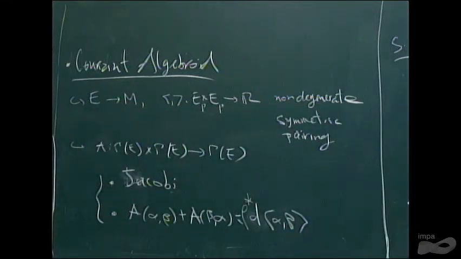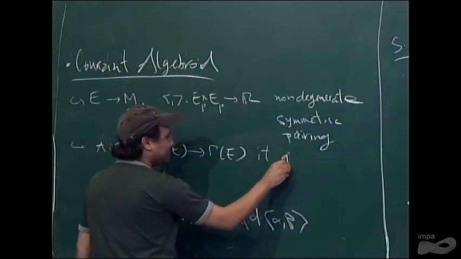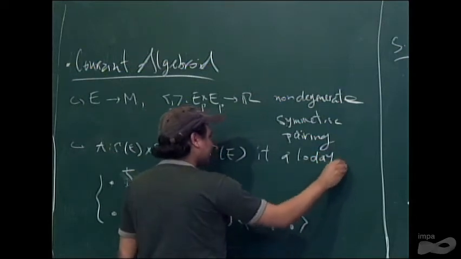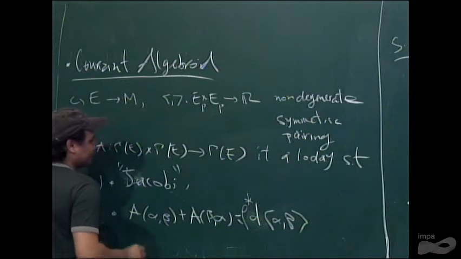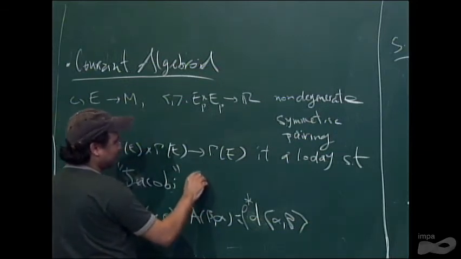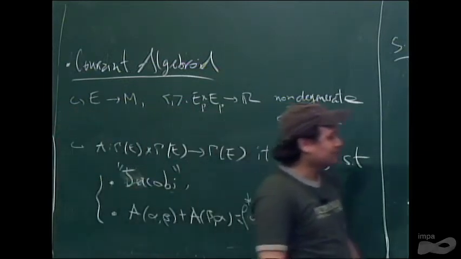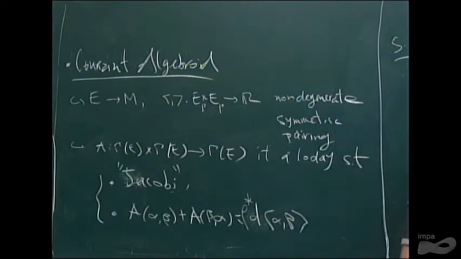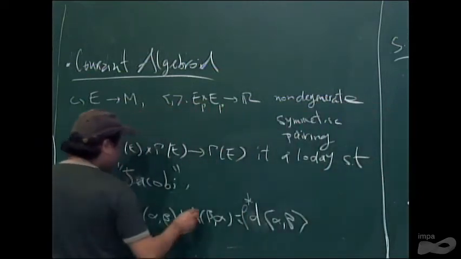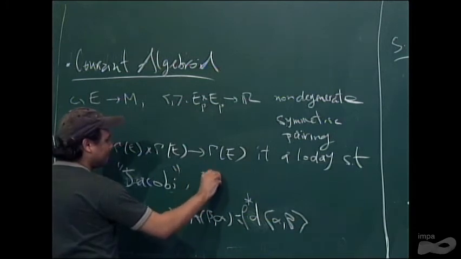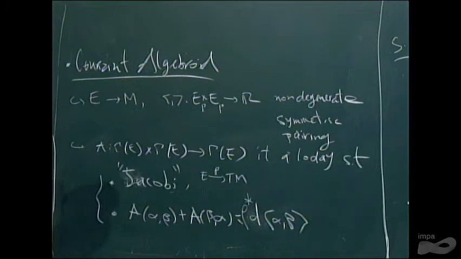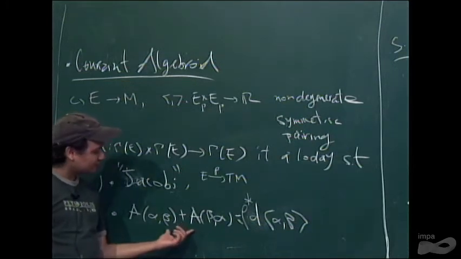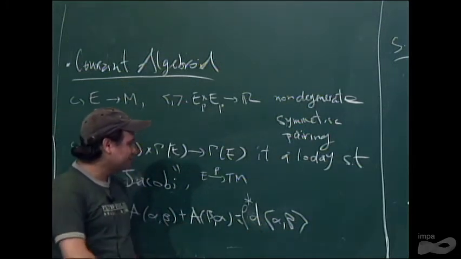So this is a Courant algebroid. It's a Leibniz bracket, so it satisfies Jacobi, and it satisfies the Leibniz rule in the second entry for some anchor rho. So rho is a map from E to T of M, and its symmetrization is controlled by this term here.